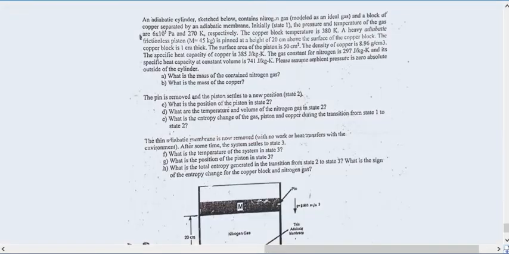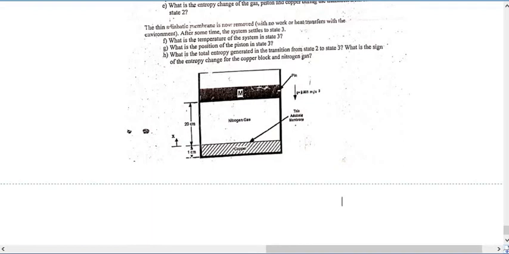So this is a representative diagram. As you can see, this is the thickness of the copper, 1 centimeter. This is the height of nitrogen gas. It's inside a block, separated from the copper by an adiabatic membrane. This is the piston and this is a pin used to pin the piston.